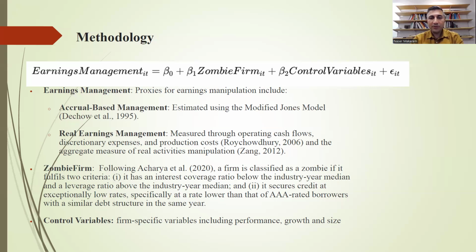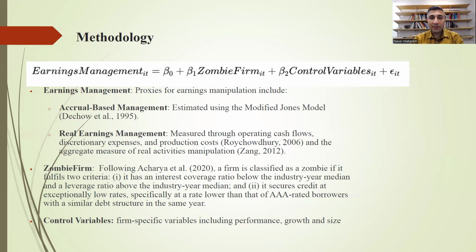They are used interchangeably. We use the three measures introduced by Roychowdhury 2006: abnormal cash flow from operations, abnormal discretionary expenses, and abnormal production costs. We also use the aggregate measure of real activities manipulation suggested by Zhang 2012.